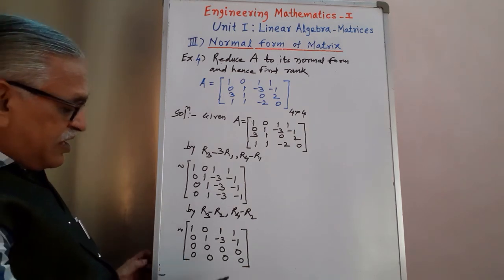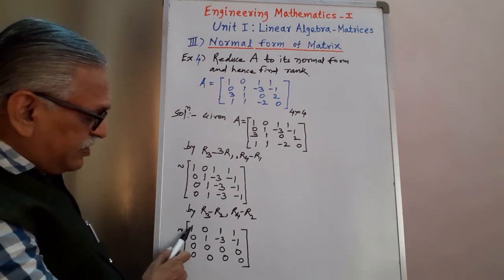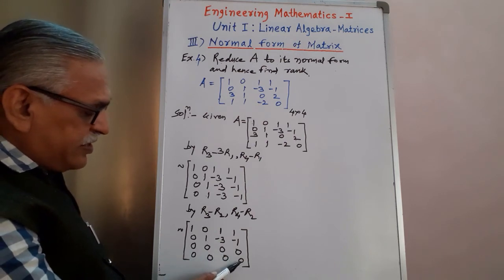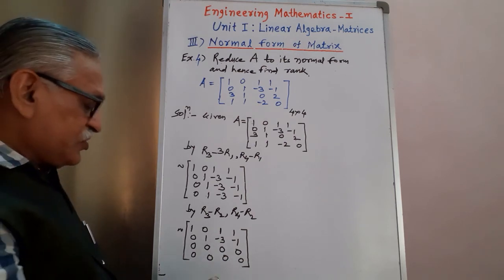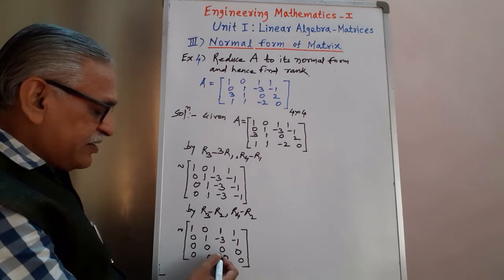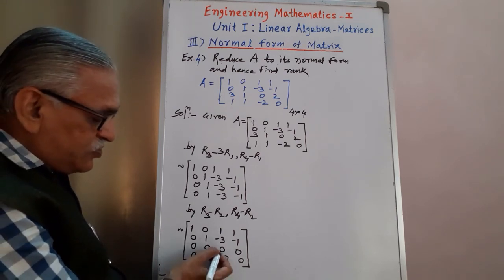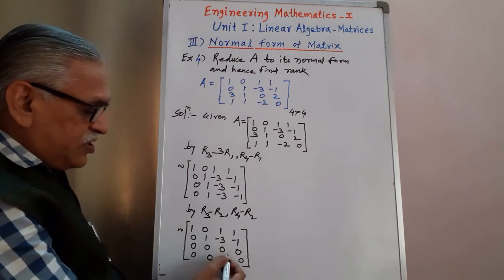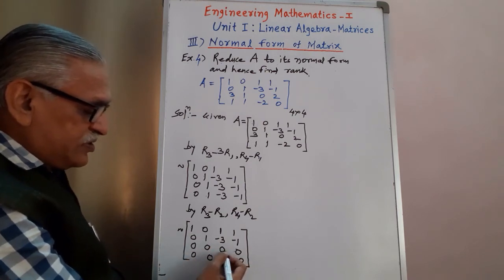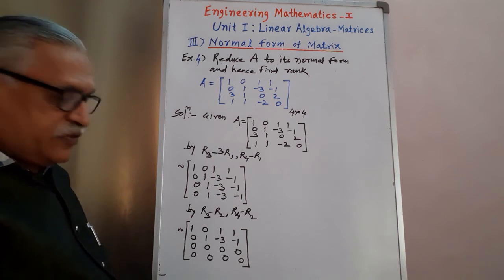Okay. Here, in the process, the third and fourth diagonal elements become 0, and it is not possible for us to make them non-zero. If we interchange these two rows, 0 remains 0, or if we interchange these two columns, that 0 remains 0.